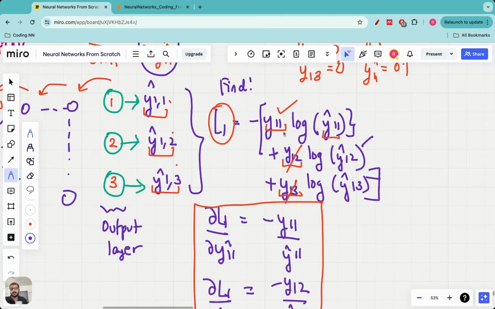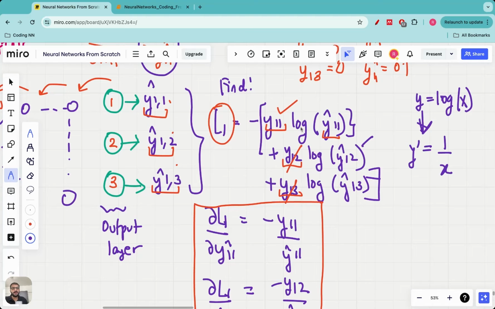Y11 will be a constant, and the derivative of a log is 1 by x. So if you have y is equal to log of x, then the derivative, y dash, is equal to 1 by x.